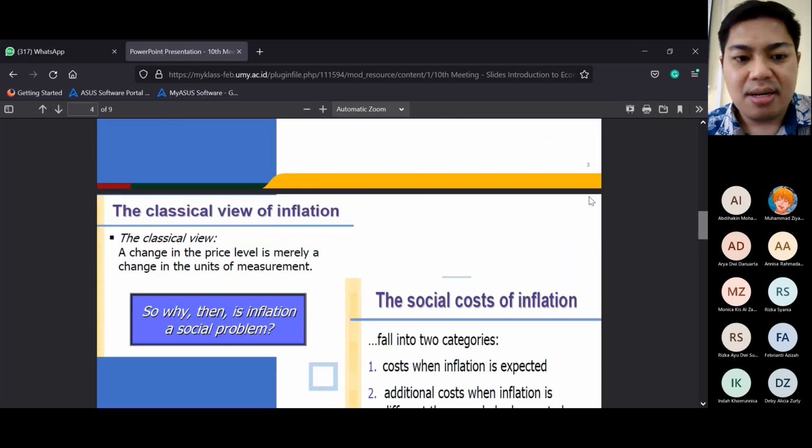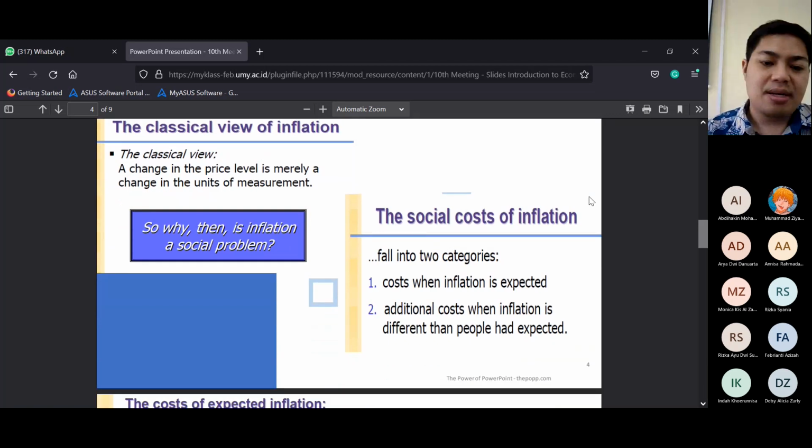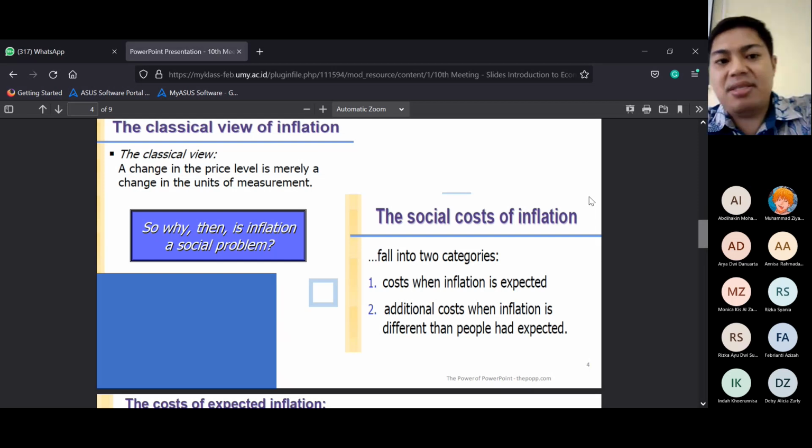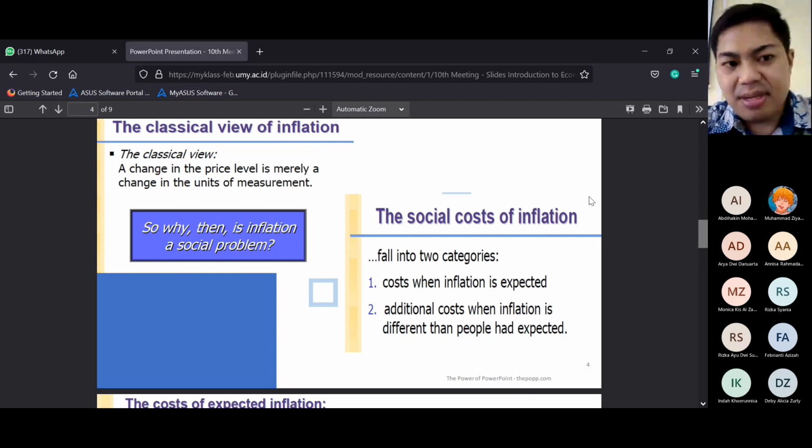So here, the classical view: a change in the price level is merely a change in the unit of measurement. It means that the price only moves up and down because of the money supply, based on the classical view.